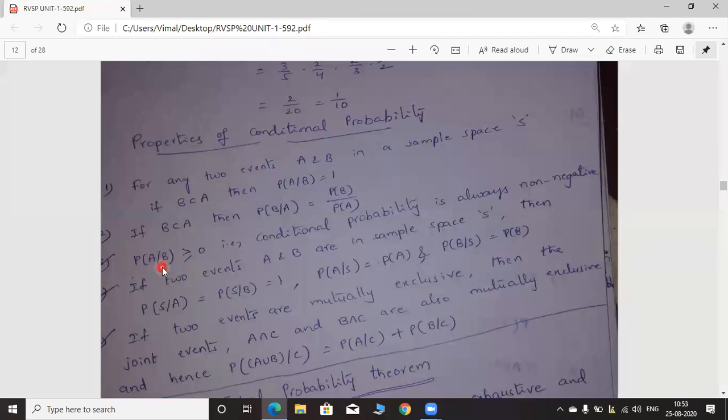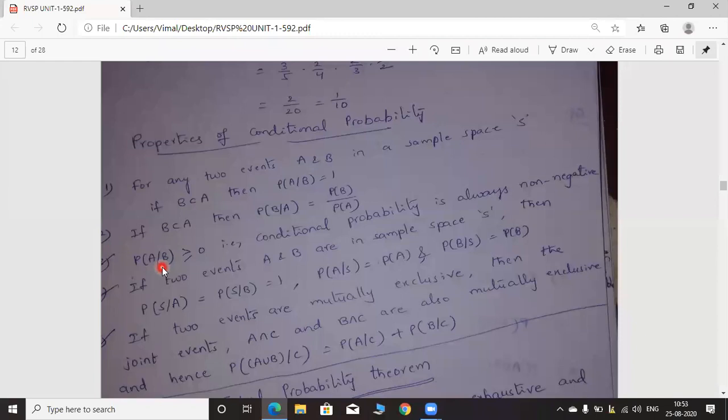If probability of A given B is greater than or equal to 0, that is, conditional probability is always non-negative. Not only conditional probability, the probability value is a non-negative number. It should not be a negative value. If you are finding the probability of some event A, it should not be a negative number. It should be a positive number only.